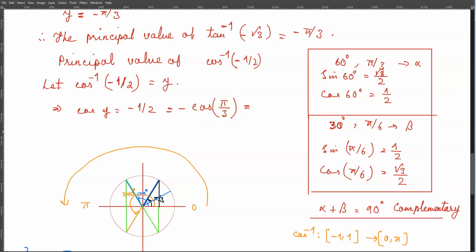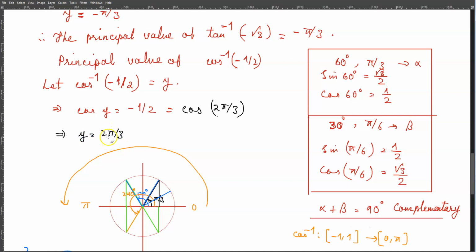And I can actually write this as the cos of 2 pi by 3, right? I can write it as the cos of 2 pi by 3. And so what that means is that basically then y is equal to 2 pi by 3.